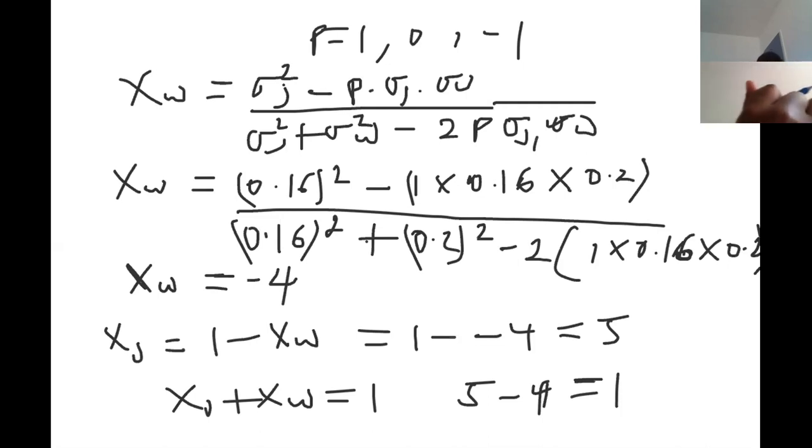Okay. So now once you get this, the next one is to plot the efficient frontiers. Let's go back to what we did again. In the question, J and J had a return of 7% and volatility of 16%, and Walgreen had a return of 10% and volatility of 20%.